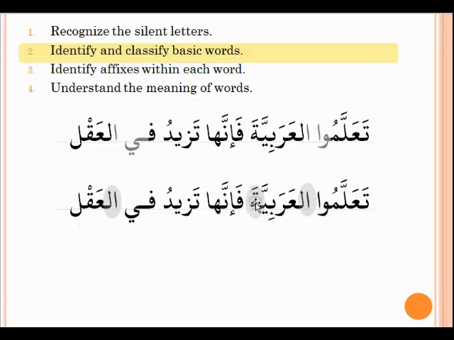Another indicator is the ta marbuta, which only appears at the end of nouns. That's once again another sign. So remember, alif lam is an indicator of the beginning of a word. So now you know this is where this word starts and the one before it splits.